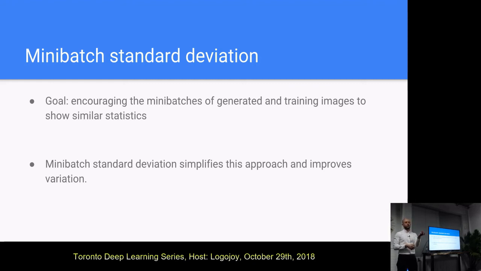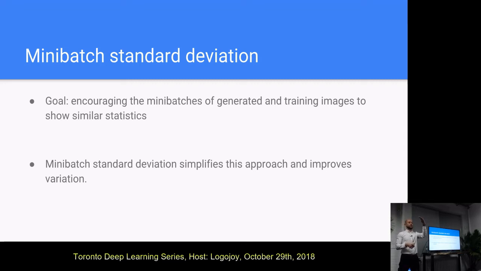How they implement it is, they take the mini-batch and then they divide it into groups. In the paper they refer to groups as spatial locations, but there's no real, the groups are just the mini-batch split into pieces. There's nothing really spatial about it.